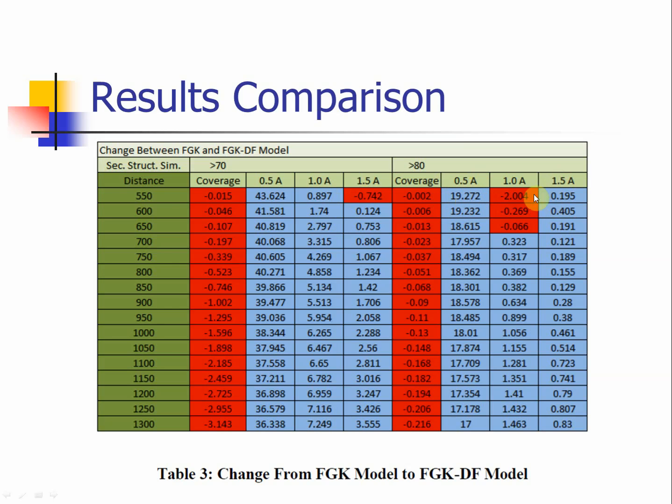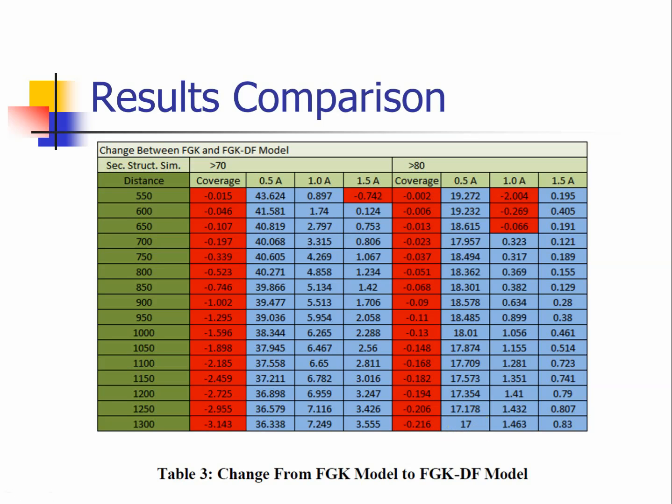There are some exceptions that we mark in red for the prediction accuracies, but you can see the majority of them increased dramatically. Basically, you can see that this one with the highest distance using 80% of the motifs, the accuracy in 0.5 Angstrom criteria, we increase 17%.